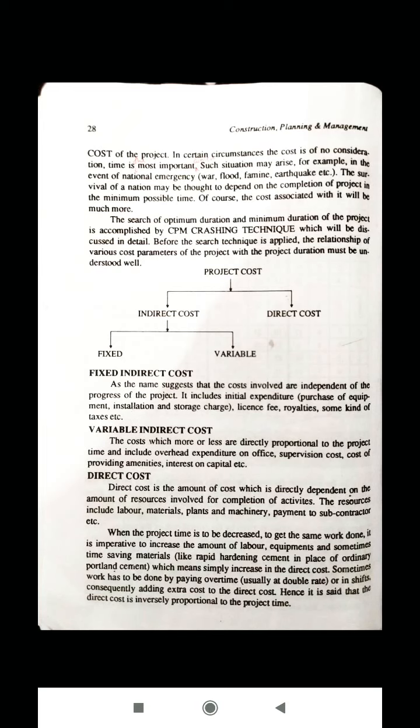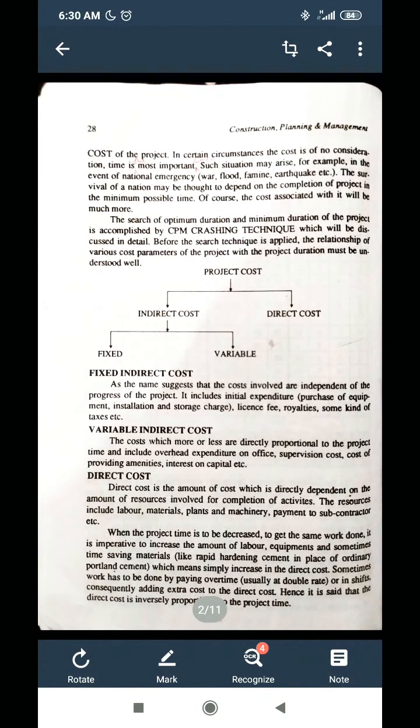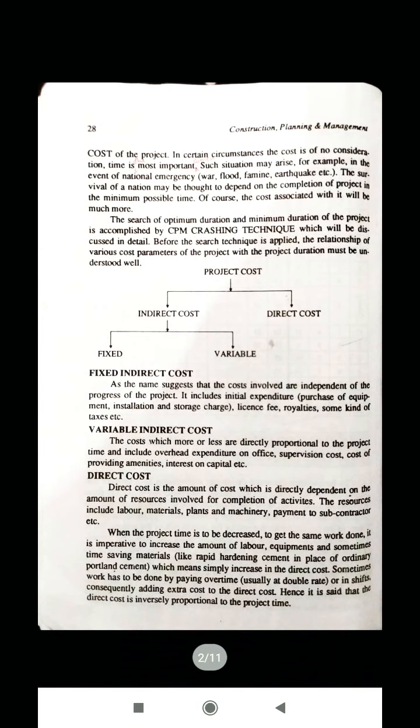The primary concern is that the project should be completed in as short a duration as possible. This time is known as the crash time, where the project will be completed in minimum time, but obviously the cost involved will be much higher.